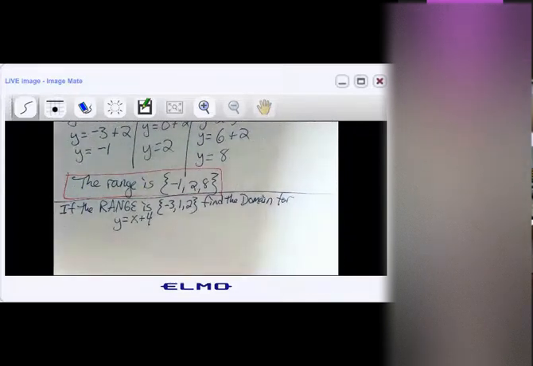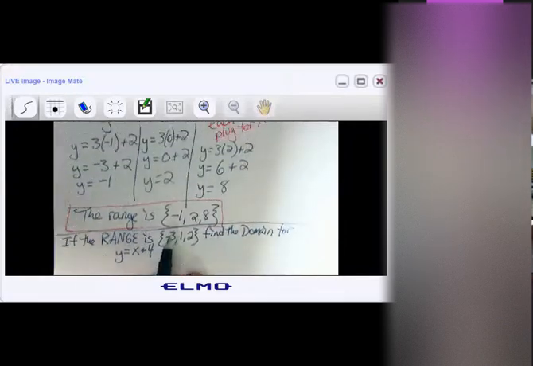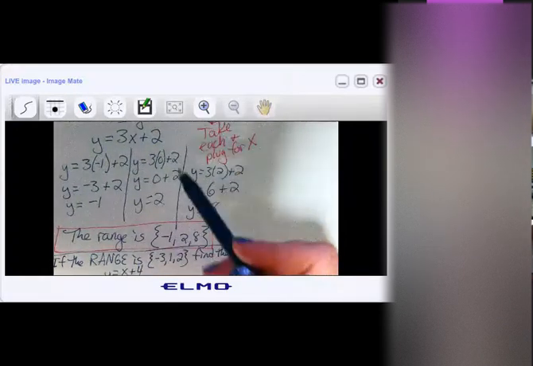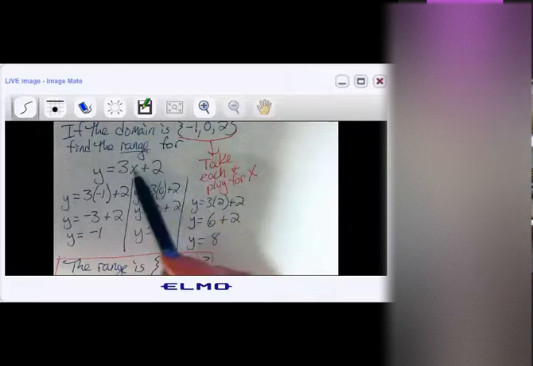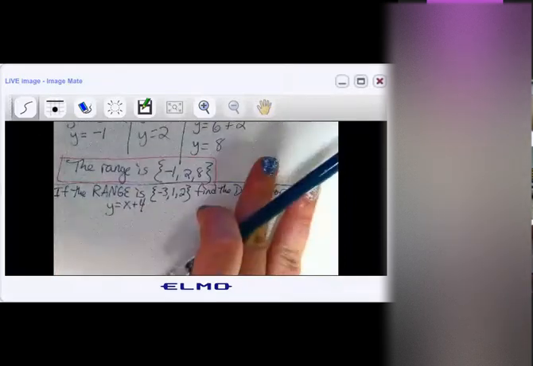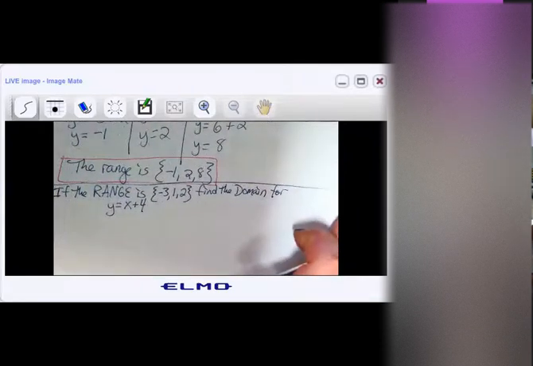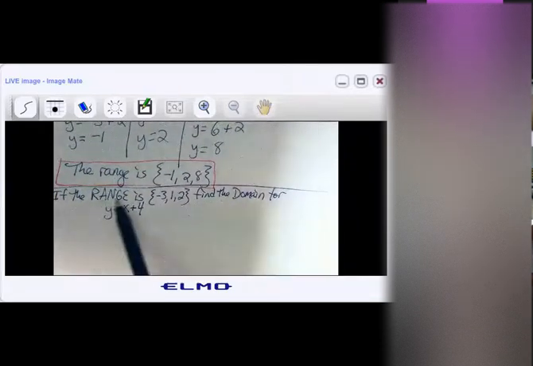So this again is like 3 mini problems because I'm giving you 3 range answers and now I'm asking you to find the domain. I'm telling you right now, the most common mistake is that kids are going to do the exact same thing that they did for this one, where I gave you the domain. They're going to plug the values in for X and get an answer for Y. That is incorrect here, because these directions say this is the range.